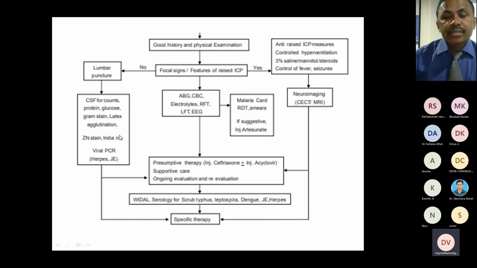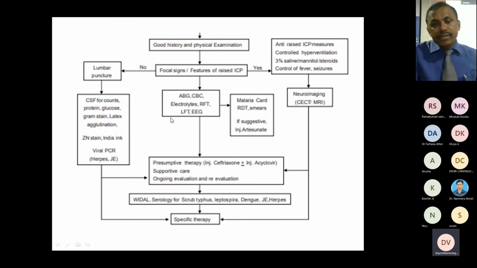So all these things, along with an arterial blood gas, electrolytes, renal and liver function tests, electroencephalography, malaria, anything suggestive. What we are looking for is the cause. How can we reach the causative diagnosis?